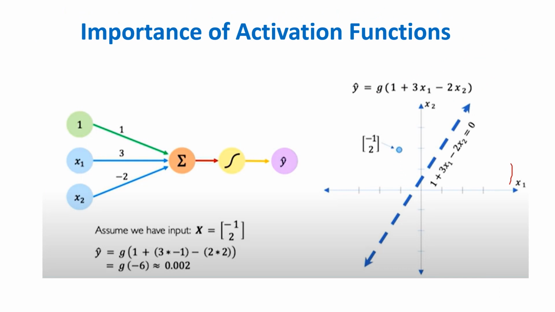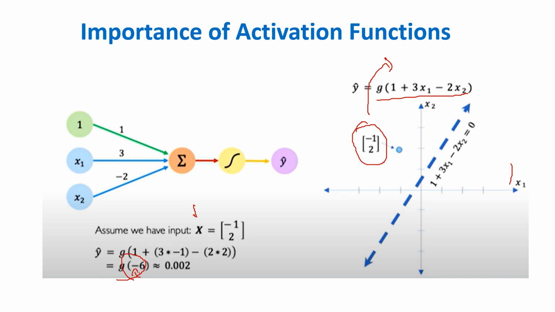Okay, so now we will understand this with an example. You have this linear combination of input. The actual value that you pass on to the sigmoid function is 0.002. We are given the values for x here: x is minus 1, 2. When we plug this input into this equation, we get minus 6.